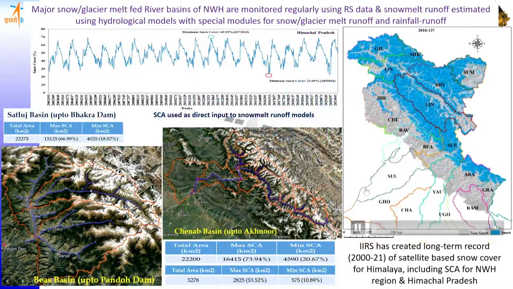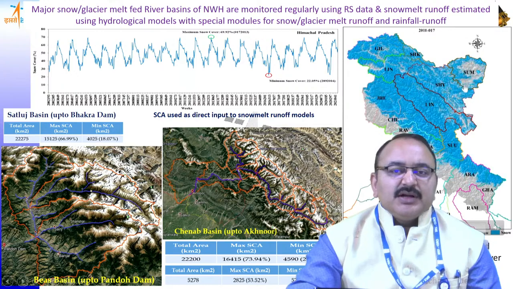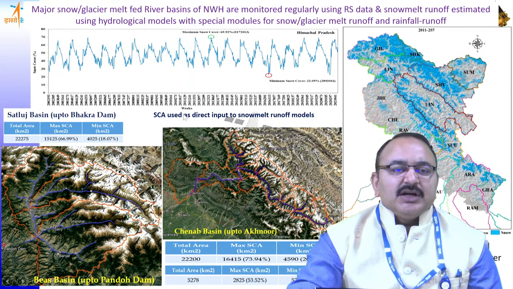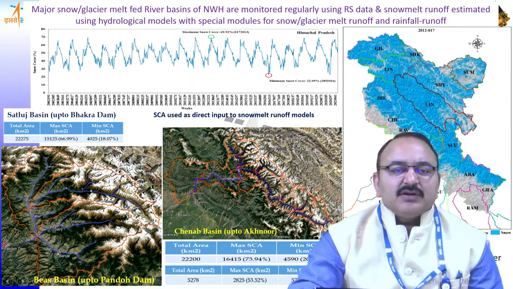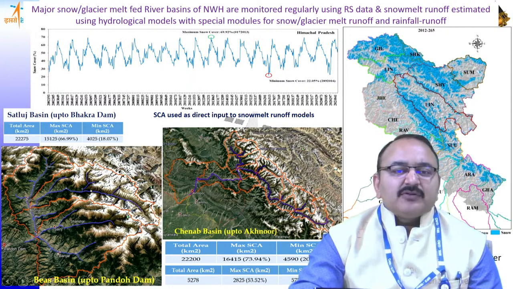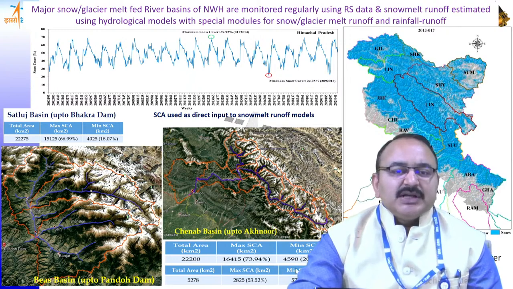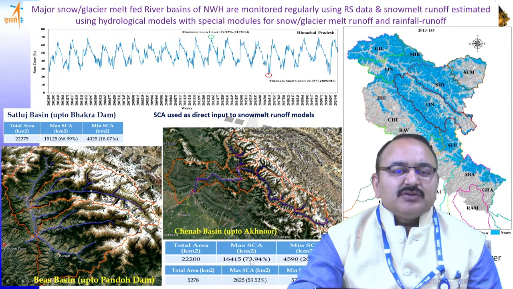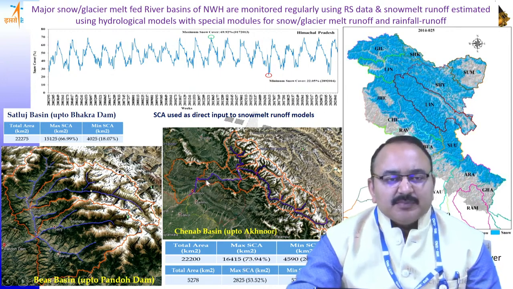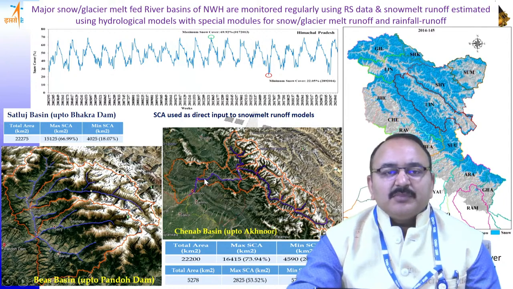Then starting from the headwater reaches of the Himalaya, like your Indus, Brahmaputra and Ganges rivers, where they originate, we have satellite derived snow cover for the last 20 years. And in areas where we have a lot of glaciers, for example the Chenab basin, their relative contribution to the minimum and maximum snow cover area is higher, as well as their melt runoff contribution to the main river.